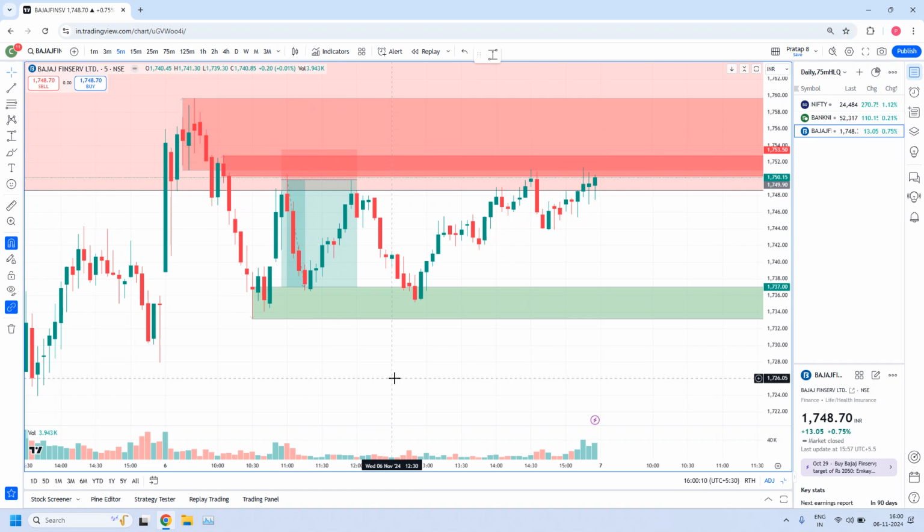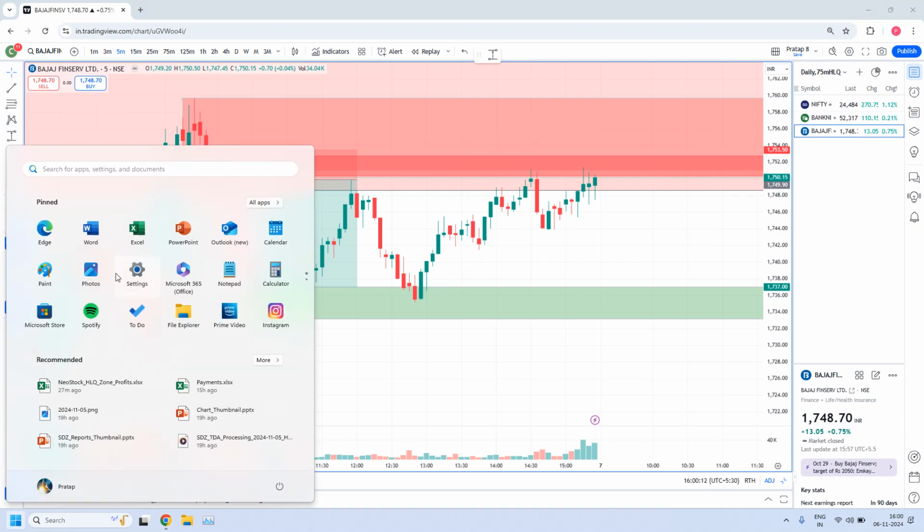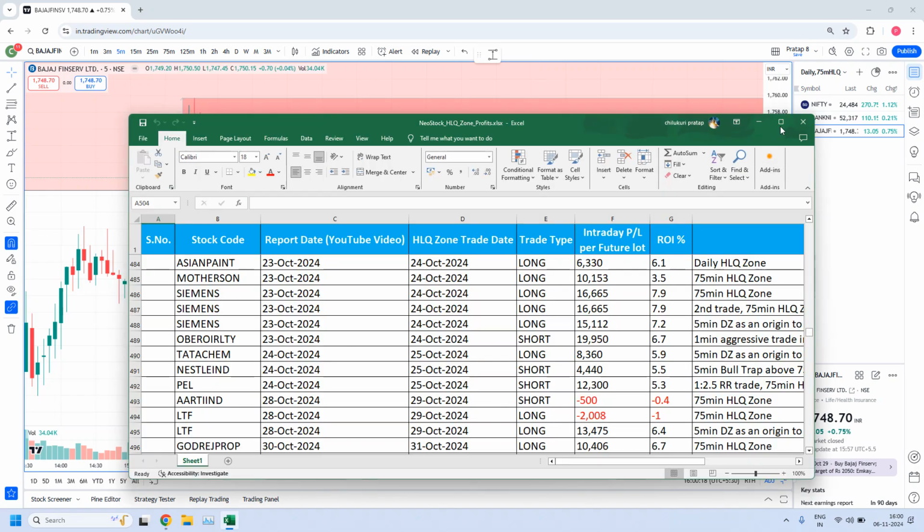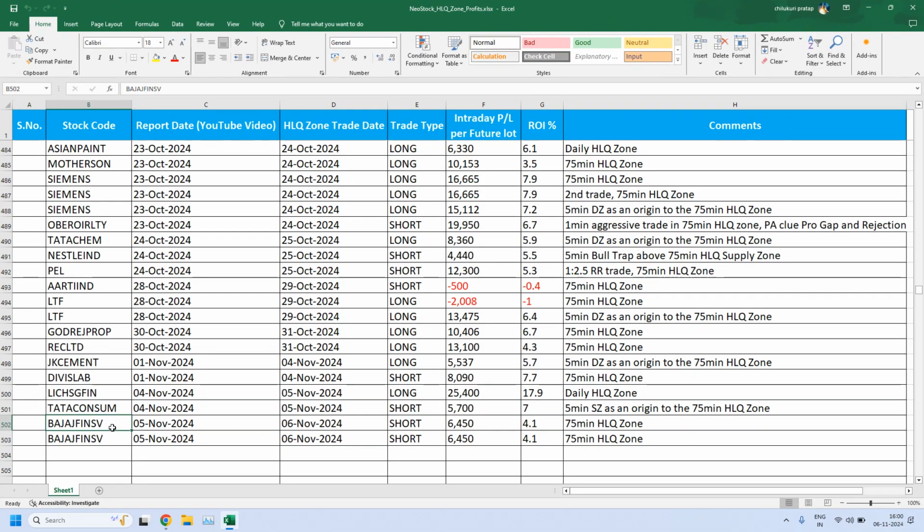And what is the profit it gave? Let me open the Excel sheet. Bajaj Finserv today has given 6,450 rupees profit, 2 trades. And what is the ROA? 4.1% on each trade. This is the first trade.